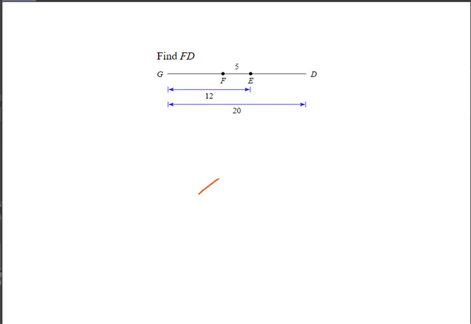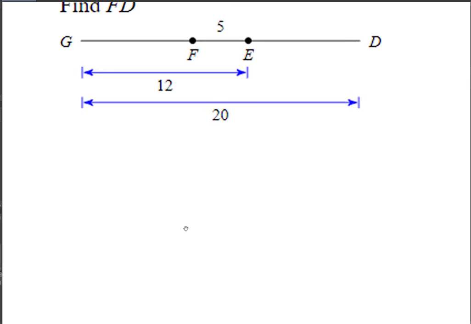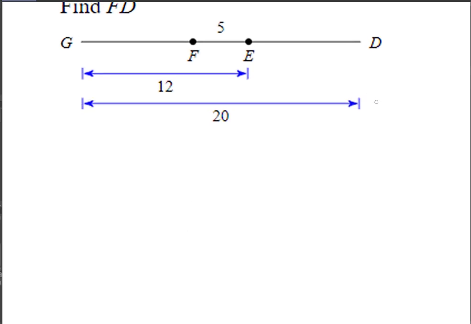Now, this one gets a little bit harder, but it's really, like I said, just a puzzle. Once again, you have the whole. So I'm going to write my whole here is equal to the sum of my pieces. Now, the problem with this one is they didn't give us all the nice pieces that we want.